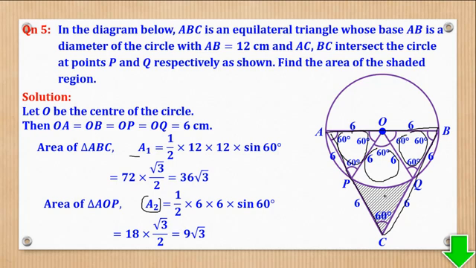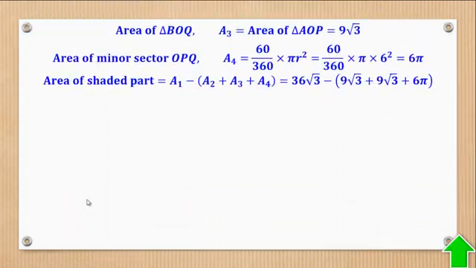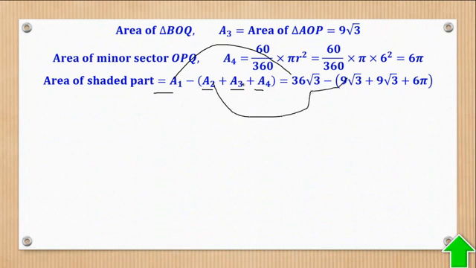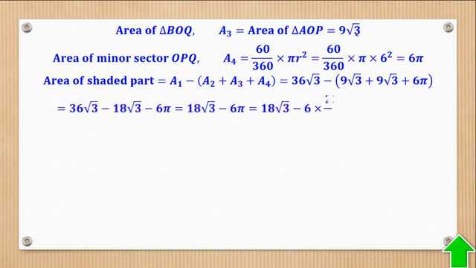What I'll be left with will be the area of the shaded part. That is why you see this expression: A1 minus, in brackets, A2, A3, A4. So substitute A1, A2, A3, A4. Then you can open brackets to come up with this.